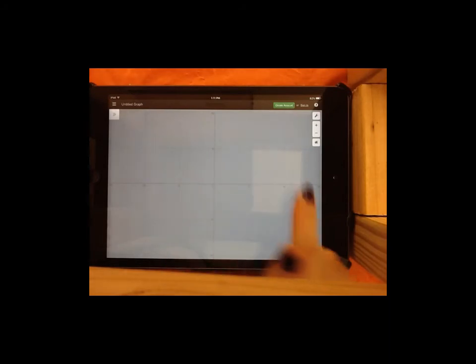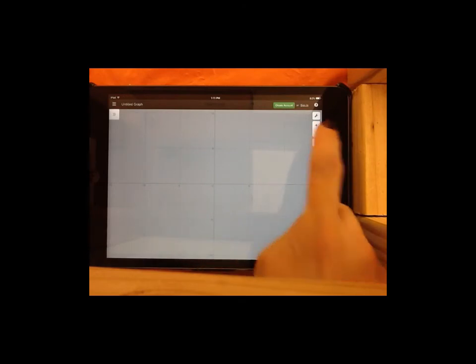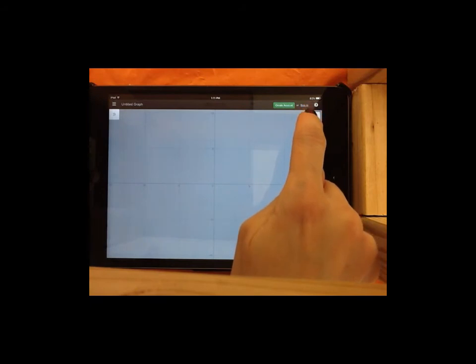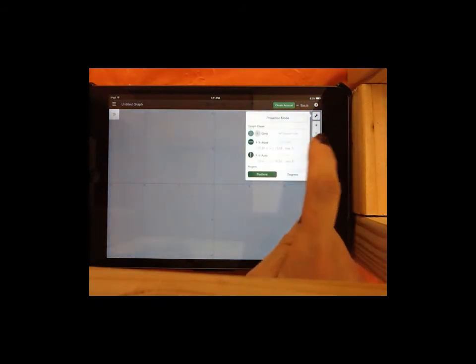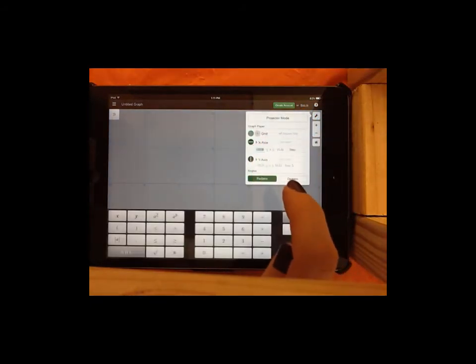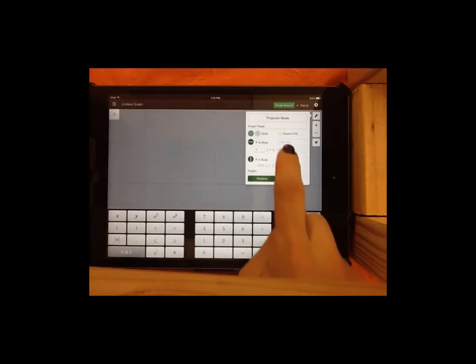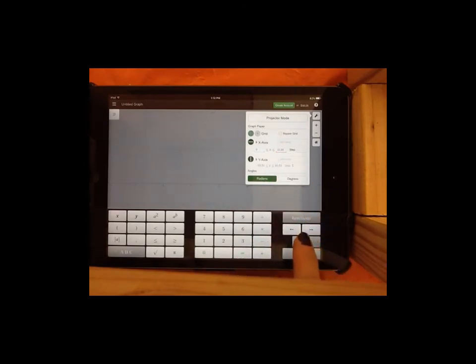The problem is I've got a negative 15 to 15 and a negative 10 to 10 window, and my numbers are in the thousands. So I need to go up here to this wrench and change my scaling. I'm interested only in the first quadrant, so I can go from 0 for the x.